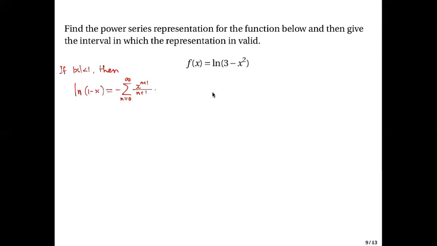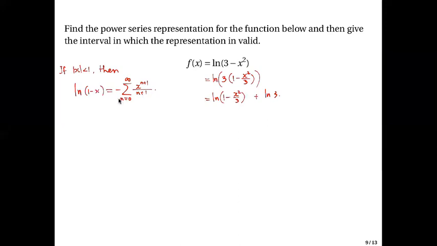So for this function, we just rewrite this as ln, then you factor out 3. So we'll get 3 times 1 minus x squared over 3. Or simply, this is just ln of 1 minus x squared over 3 plus ln of 3.